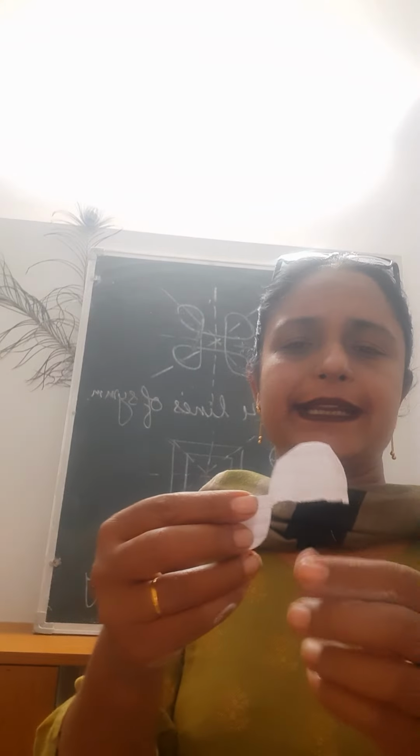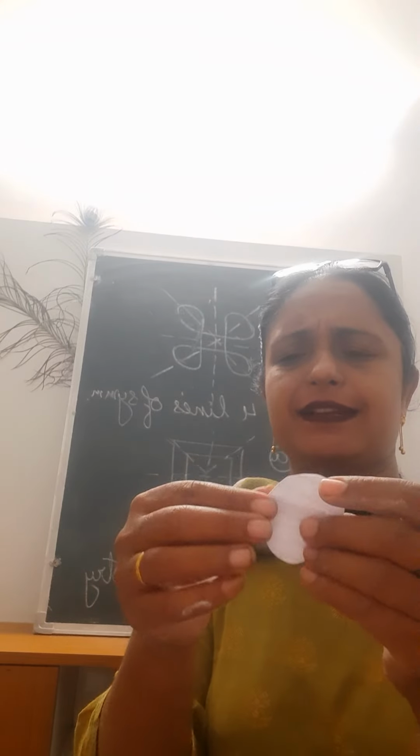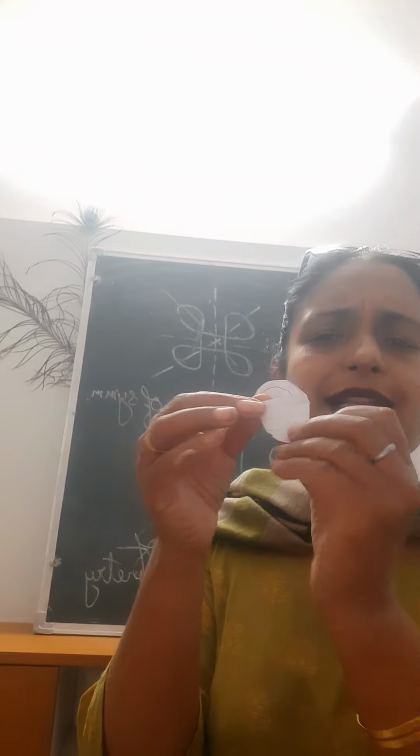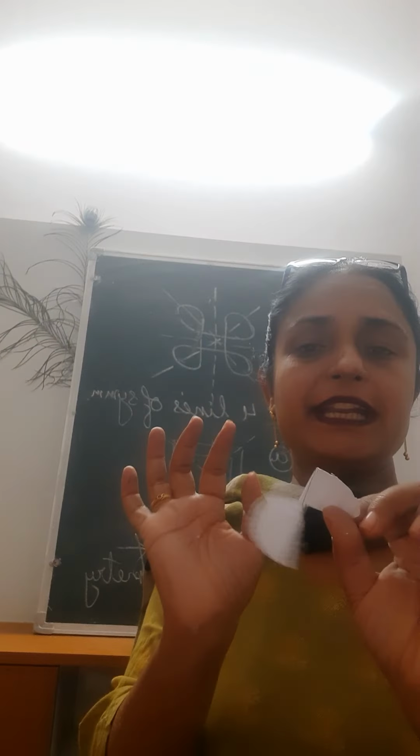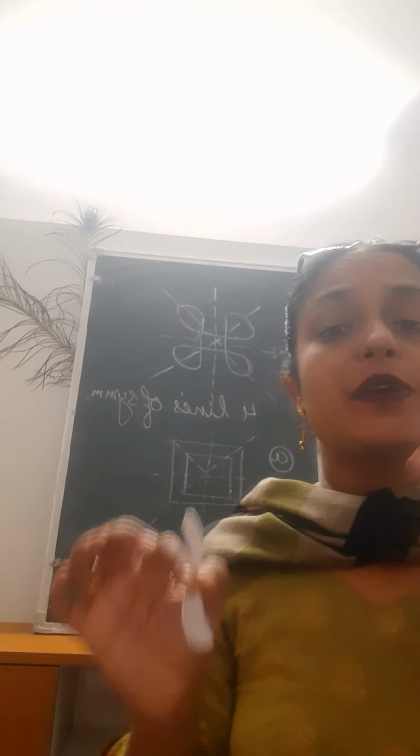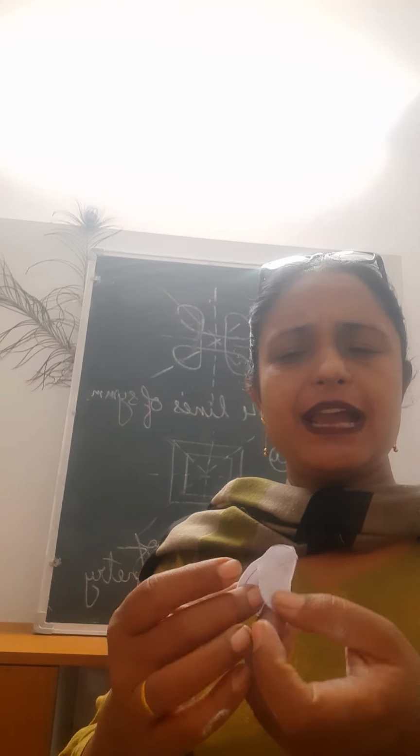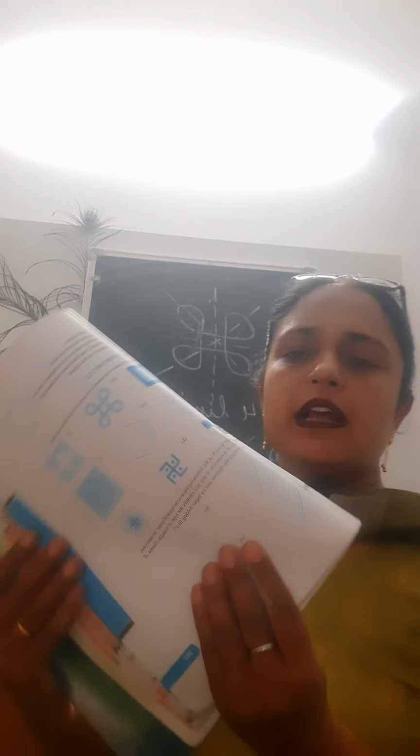Now if I fold from this side, are these two shapes superimposing? Are you getting the same? No, ma'am. So it means this figure is not symmetrical in any way.